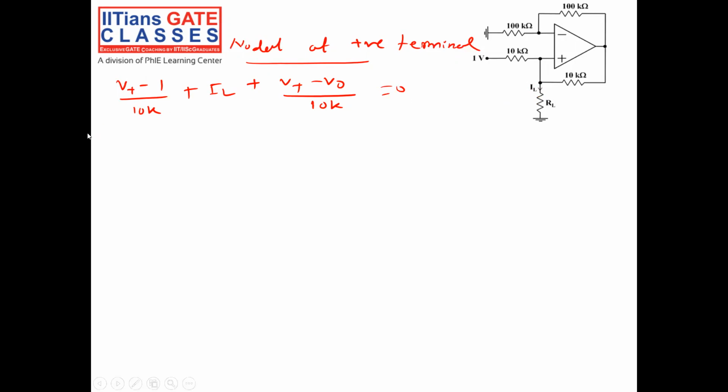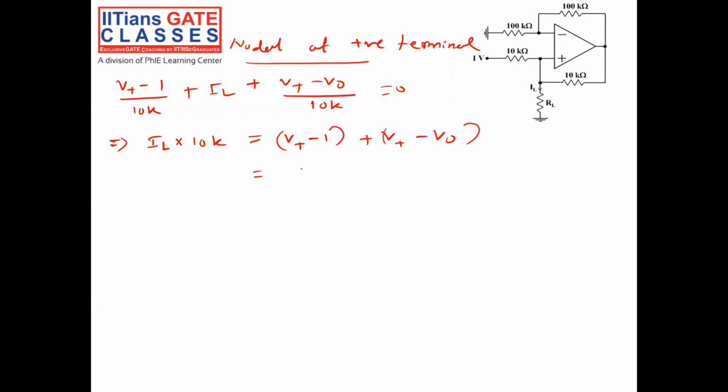Now, IL into 10K, right? We multiply 10K on all sides: it equals V positive minus 1 plus V positive minus V0, right?